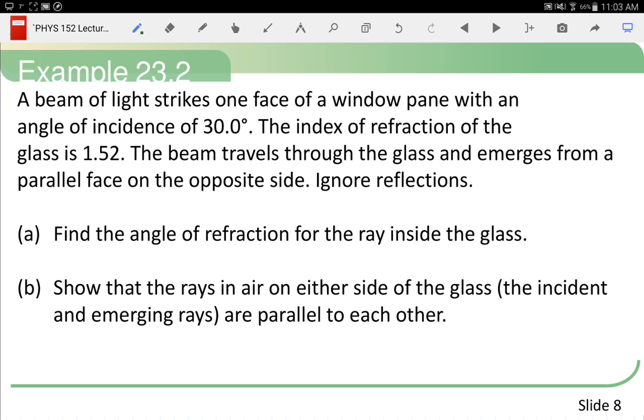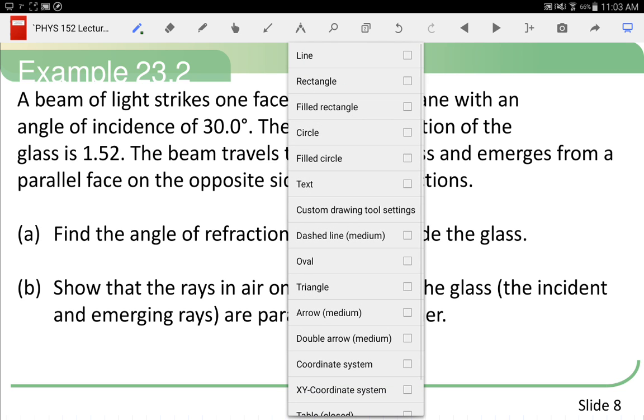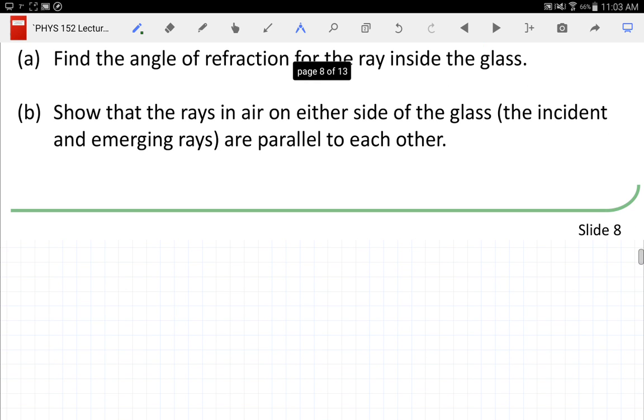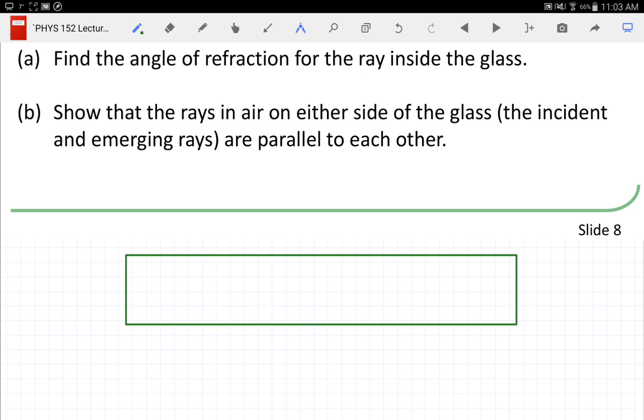So now let's go back to that problem and try to work it out. So I have a beam of light that strikes with an angle of incidence of 30 degrees, and the glass is 1.52. What's the first thing I should do? Draw a picture. So I'm going to start by making my glass. There's my glass. Actually, you know what?